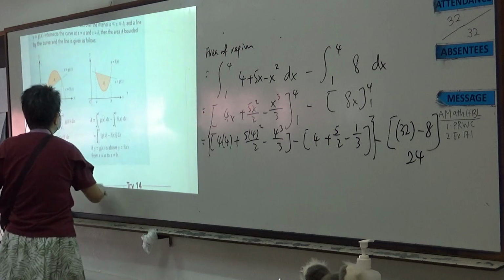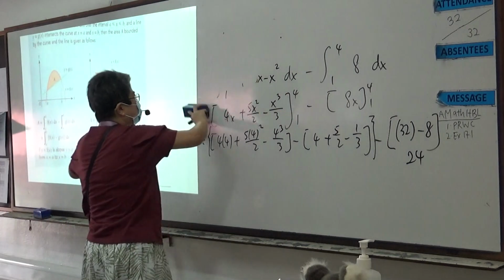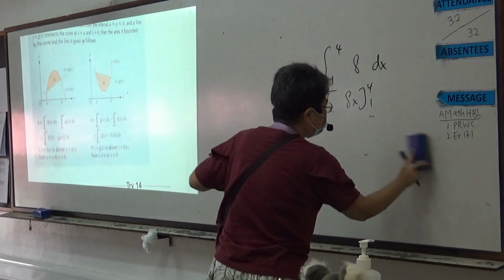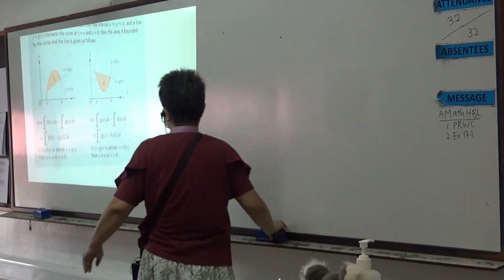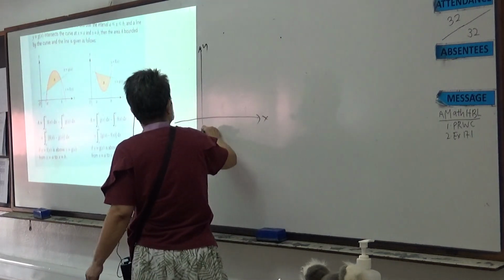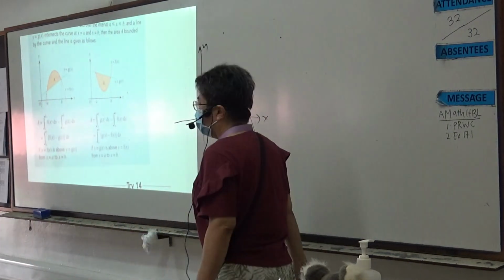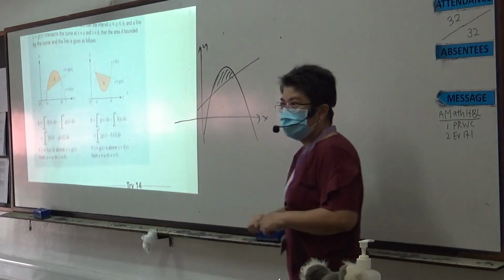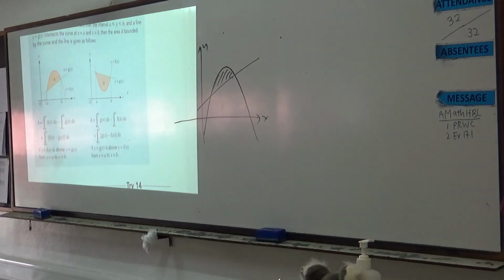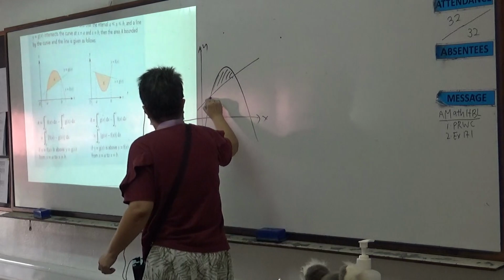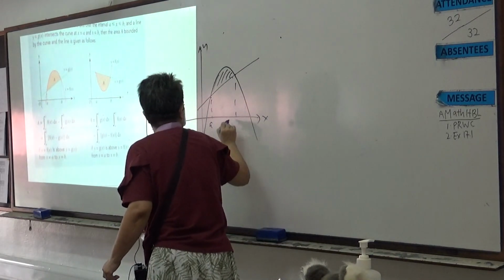Let me just draw this, because some people might be confused. Look here. If I want this region, that means I must integrate from here to here, right?